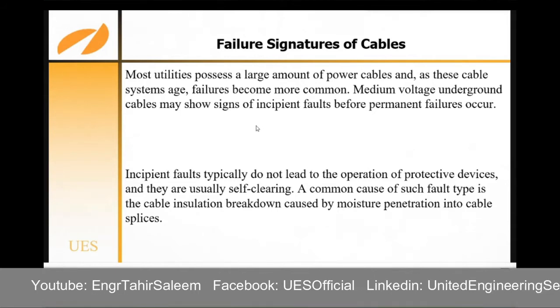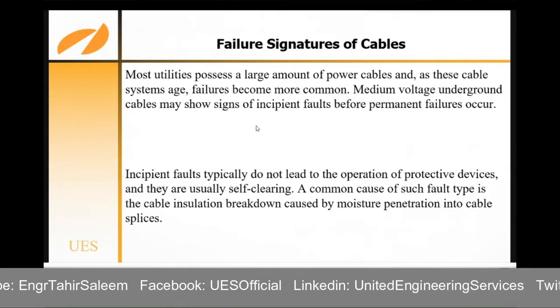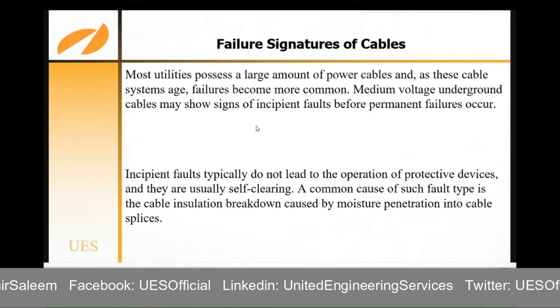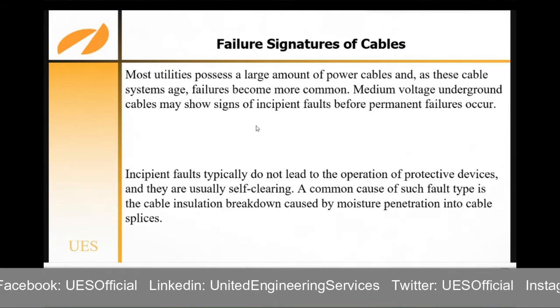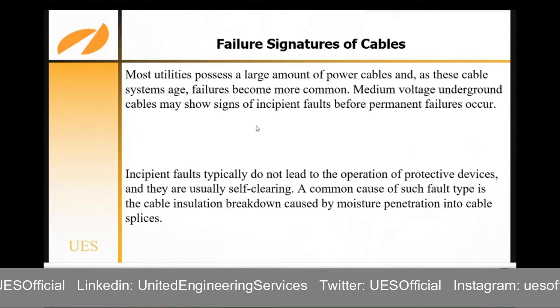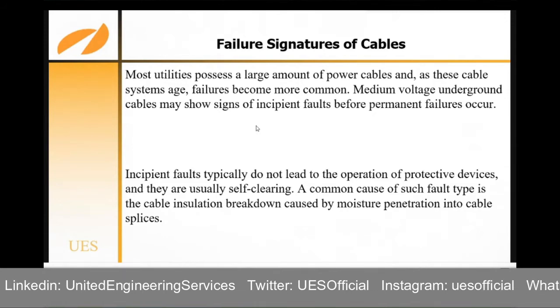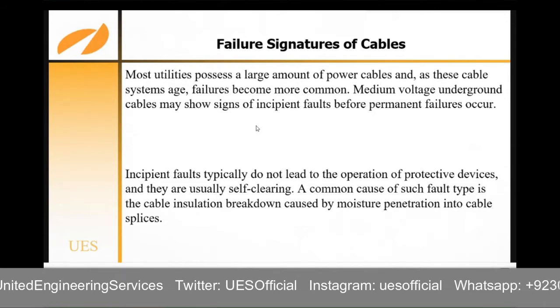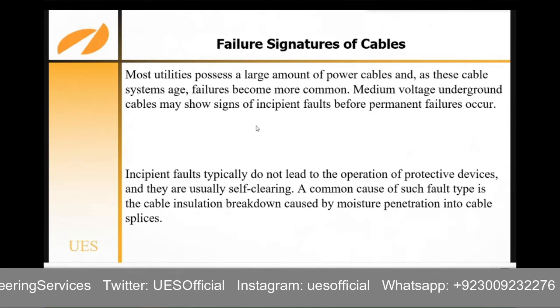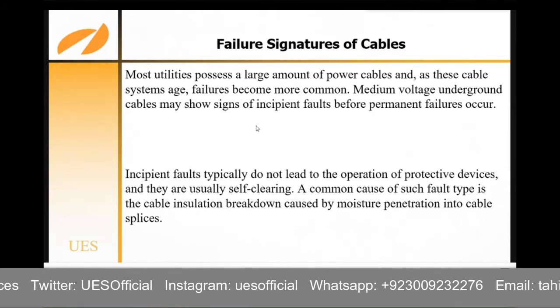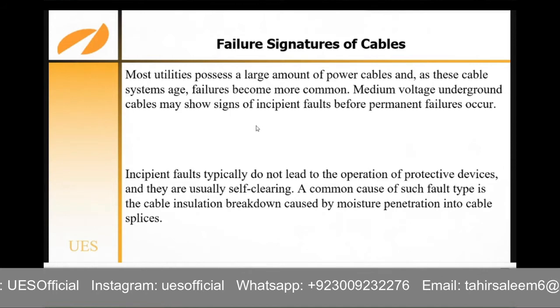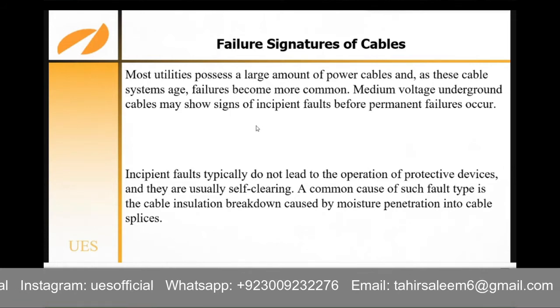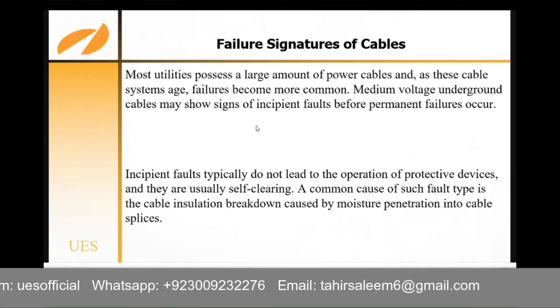Now, most utilities process a large amount of power cables, and as cable systems age, failure becomes more common. Medium voltage underground cables may show signs of incipient faults before permanent failure occurs. Now, what are incipient faults? This is a very important term if you are studying failure signatures of any equipment.